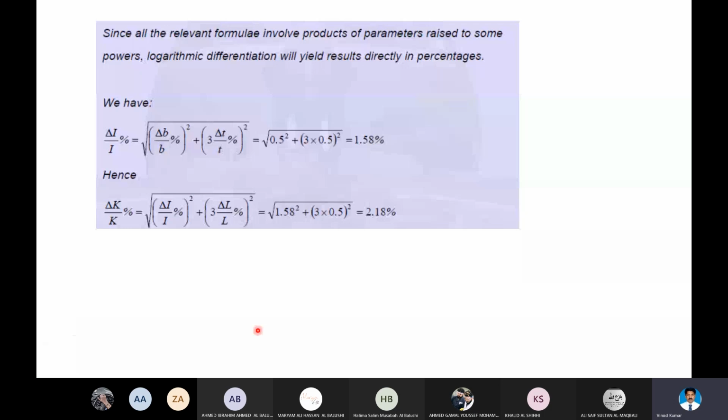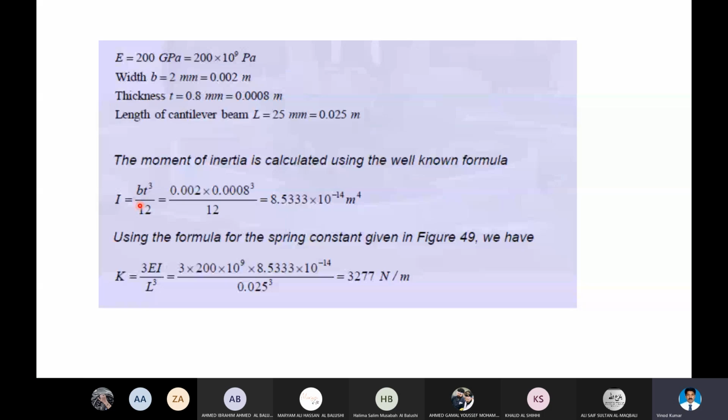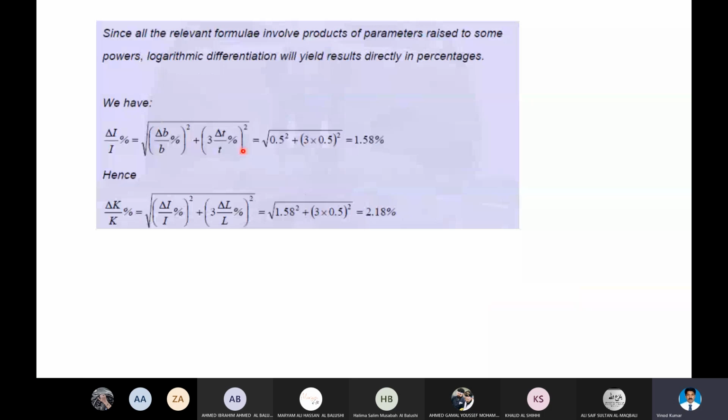Then for the uncertainty, first we need to calculate delta K over K, which is the square root of (delta I over I) the whole square plus 3 (delta L over L) the whole square. But delta I over I we don't have, so we calculate it first: delta I over I equals the square root of (delta B over B) the whole square plus 3 (delta T over T) the whole square. So we get from here delta I over I and delta K over K.